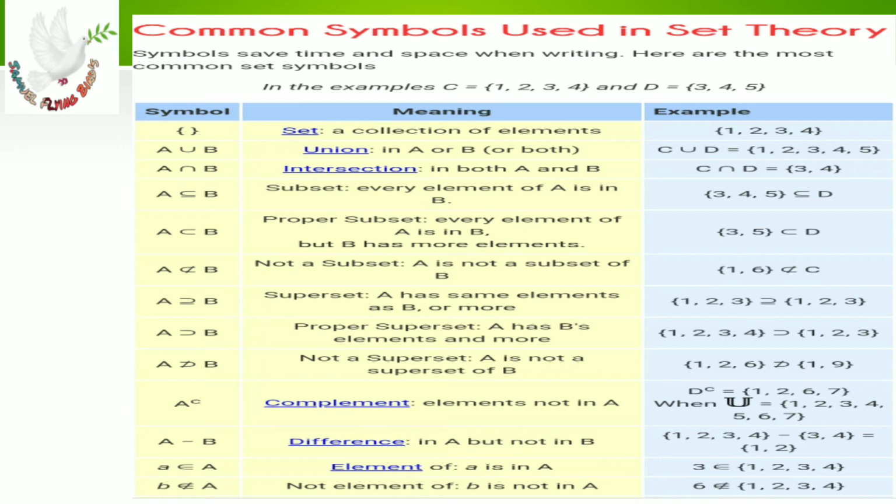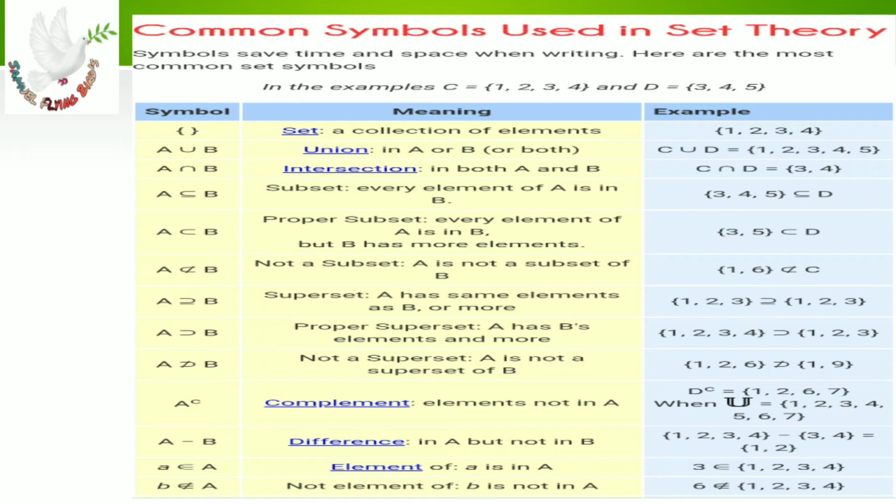For A intersection B, we need to consider the common terms in both sets. Here B is considered as 3, 4, 5. So we know that the common terms in A and B are 3 and 4. So we call it the intersection.